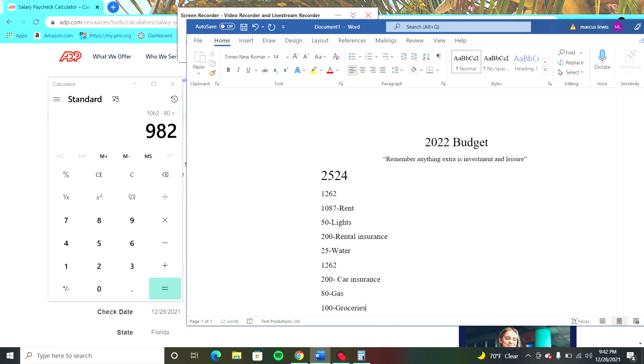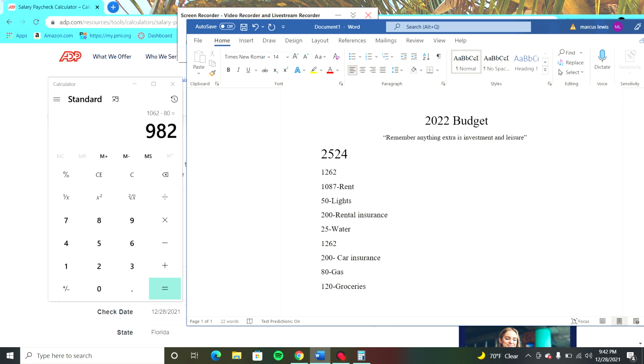That's just to fill my refrigerator, my cabinets and everything, oil and all that stuff. I'm actually going to put that at 120. I'll say 120 on average I spend on groceries. So now we just cut this down to $120. Now we're down to $862 the rest of the month.